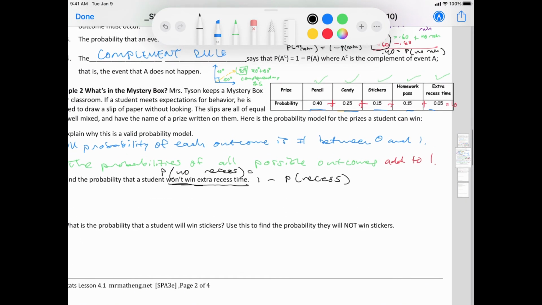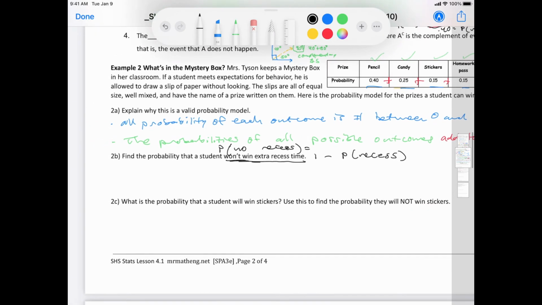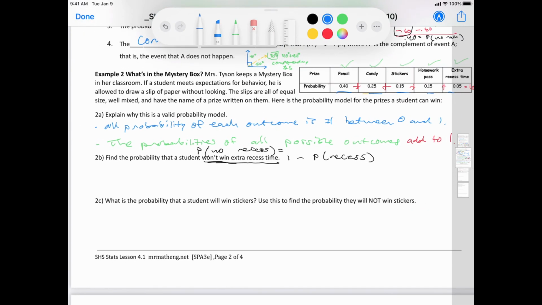That's using the complement. Does this make sense? Because if you take it one step previously, you would add this to both sides, and you would get probability of recess plus the probability of no recess equals 1. Does this make sense?